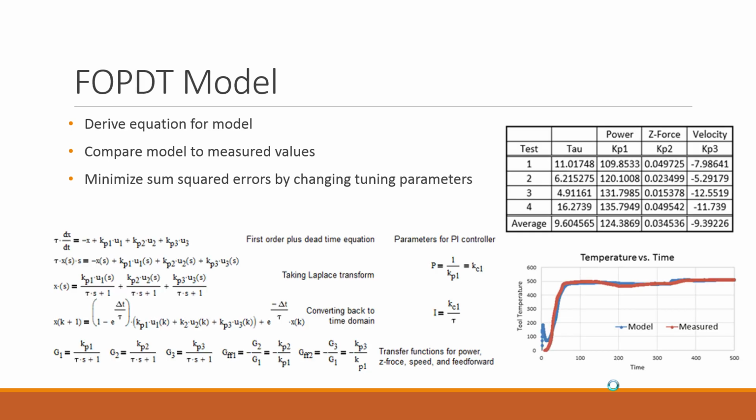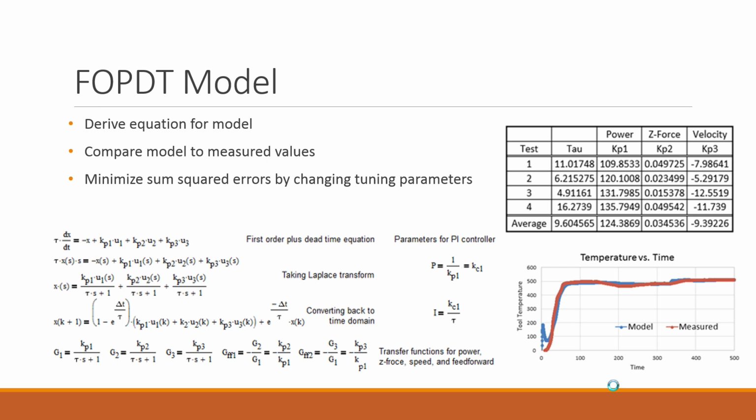And then this will show you how we derived it. Yeah, so first we derived an equation to model our process, in order to have an FOPDT model and find the tuning parameters. So the first step was to write a first order plus dead time equation for the three variables.